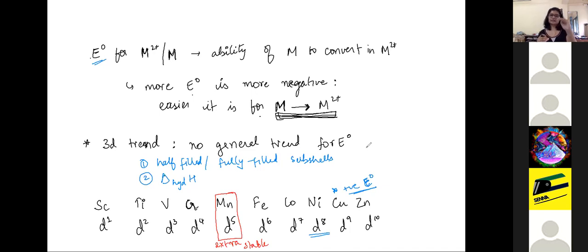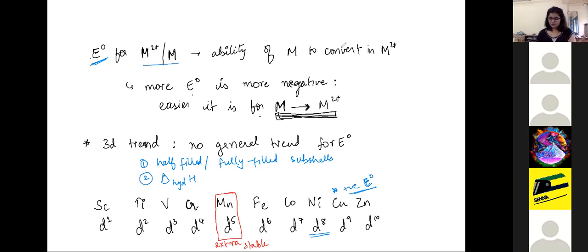It converts H+ to H. And if it has a positive electrode potential, it's got more E naught as compared to hydrogen, which is why it is incapable of displacing hydrogen from H+. H+ you get either from water or from acids or any other compound. So this is the behavior for E naught values, E naught for M2+/M.